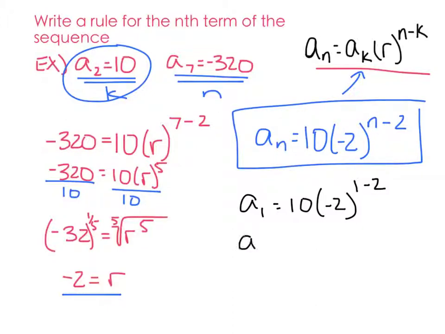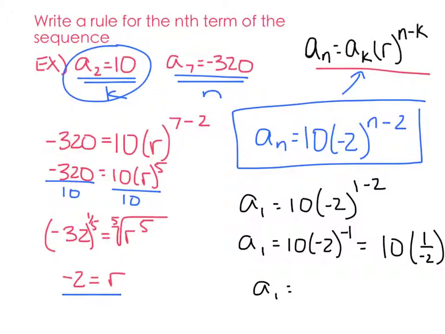Okay, so a sub 1 equals 10 times negative 2 to the negative first power. Negative powers send things into the denominator, so 10 times 1 over negative 2. What's the first term in the sequence? 10 times negative 1/2? Negative 5.